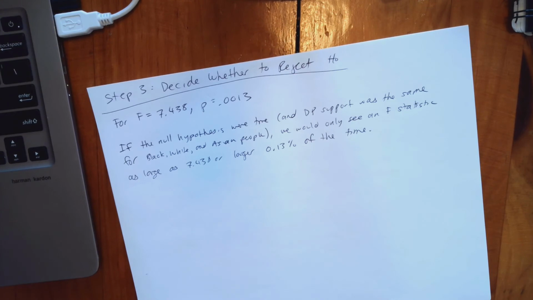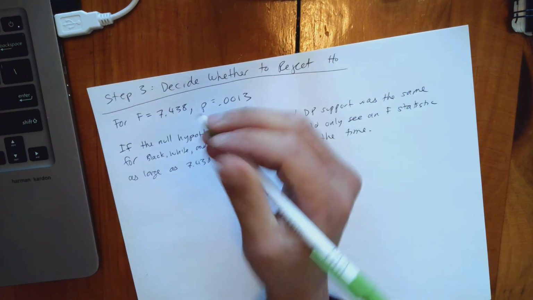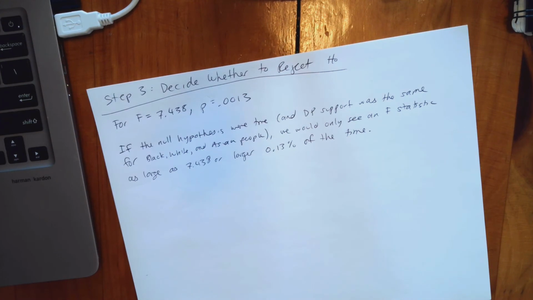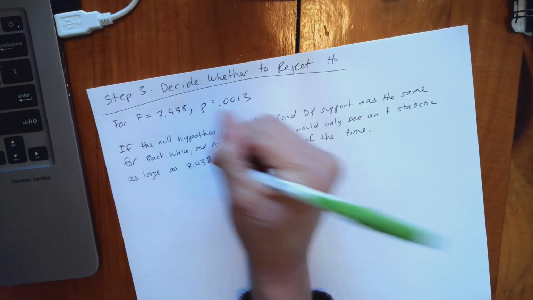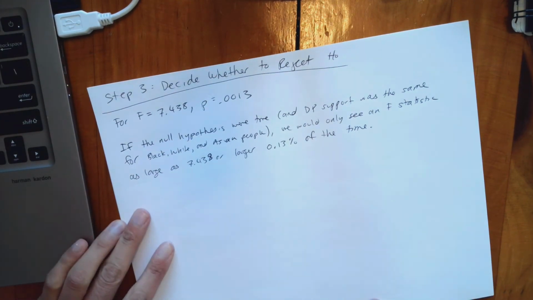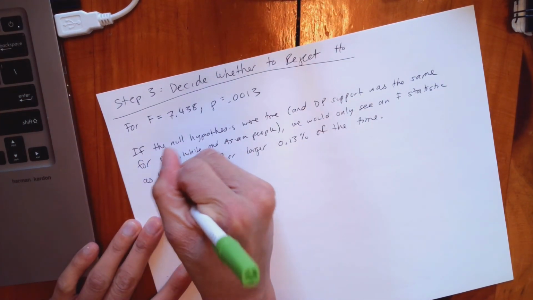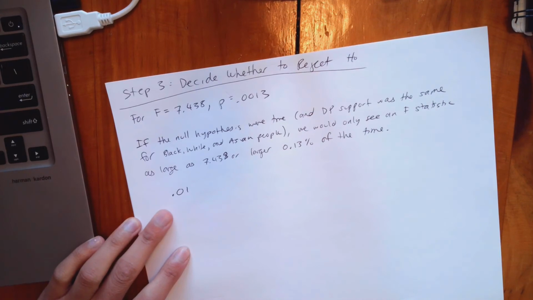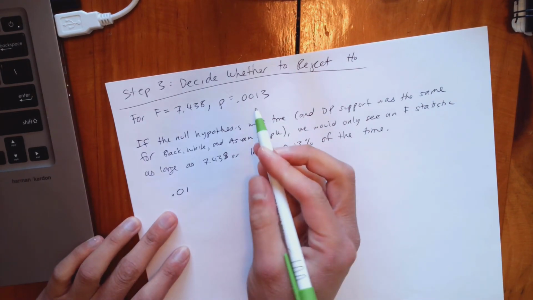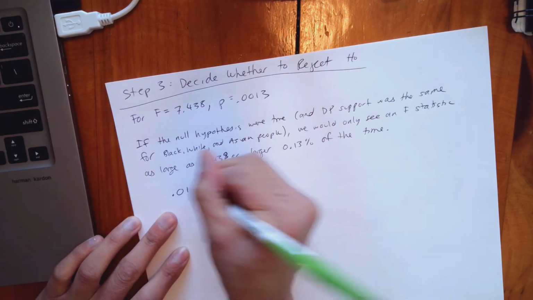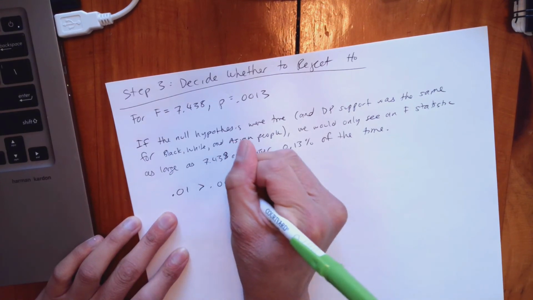Alright, so again, if the null hypothesis were true and the mean level of death penalty support was the same for each group, we would only see an F statistic as large as 7.438 or larger 0.13% of the time. Our alpha level, as I said, was 0.01, and our p-value here is 0.0013.